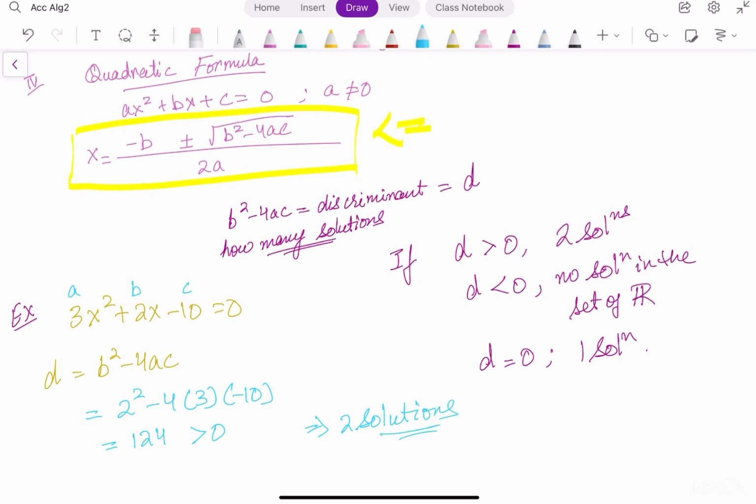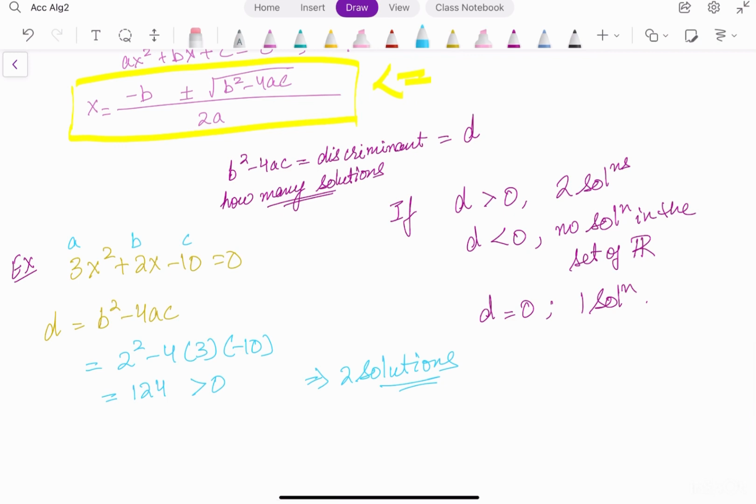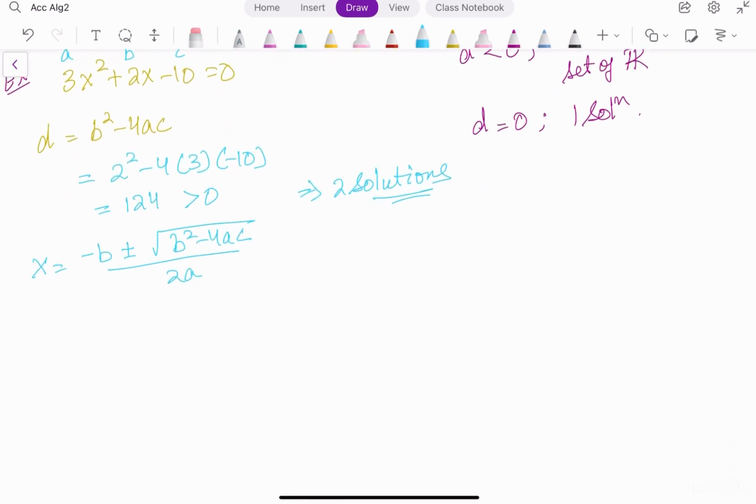Now we know we are looking for 2 solutions. Let's plug it in the quadratic formula, which is negative b plus minus radical of discriminant divided by 2a. And we have already calculated b squared minus 4ac, so it will not take a whole lot of time. So negative b, that means negative 2 plus minus radical of 124 divided by 2 times 3, because a is 3.